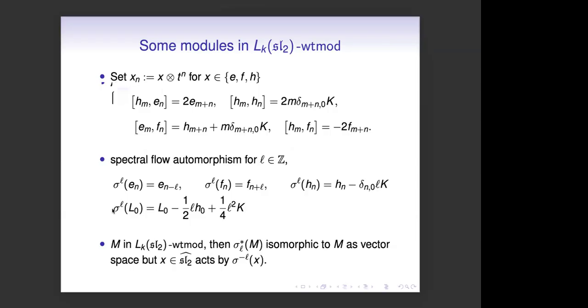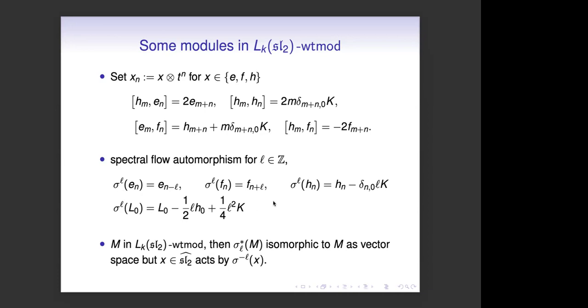Now, one point is that these modules are not all, and the reason is that an affine Lie algebra always has an automorphism group given by Weyl translations, the translation group of the affine Weyl group, and that doesn't leave the horizontal subalgebra invariant. So we see this here, that it changes the mode index of the modes.